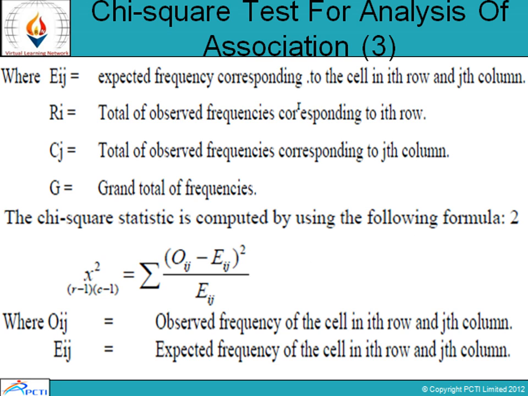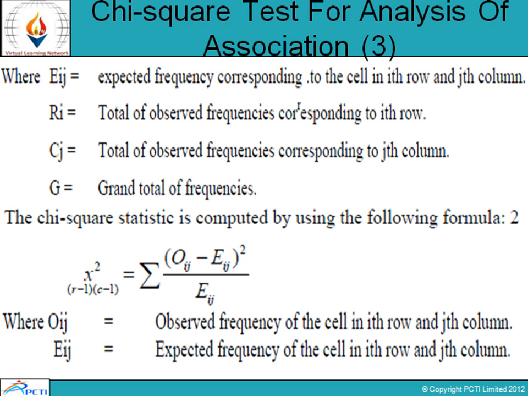Ri is the total of observed frequencies corresponding to the ith row. Cj is the total of observed frequencies corresponding to the jth column. G is the grand total of frequency. Now the formula which is used is Eij equals Ri into Cj divided by G.